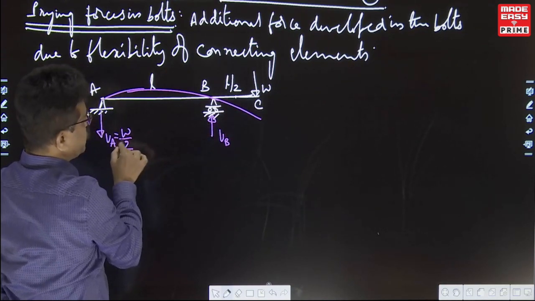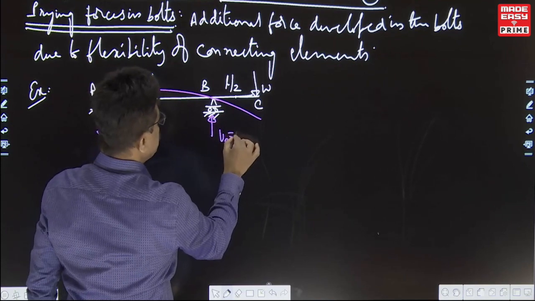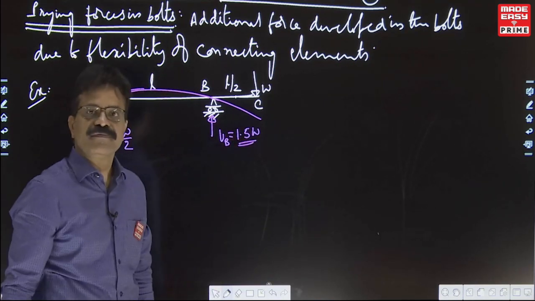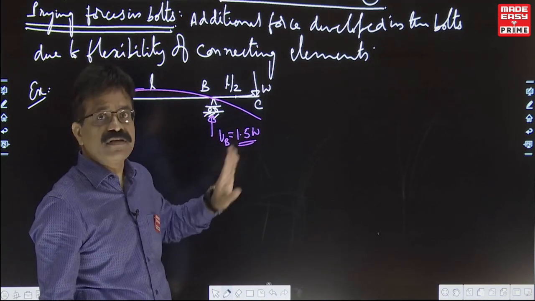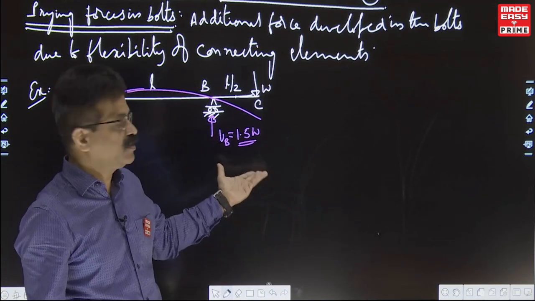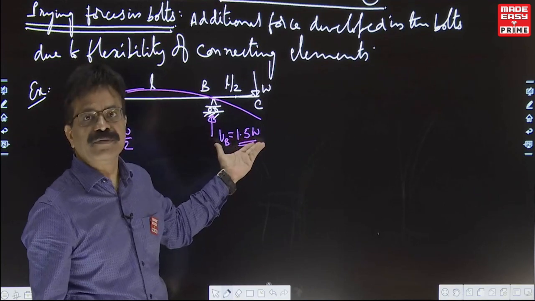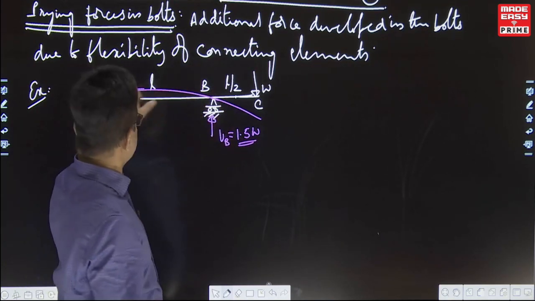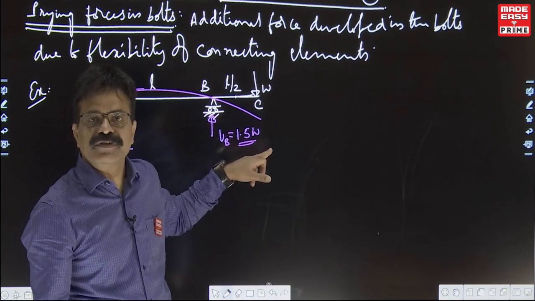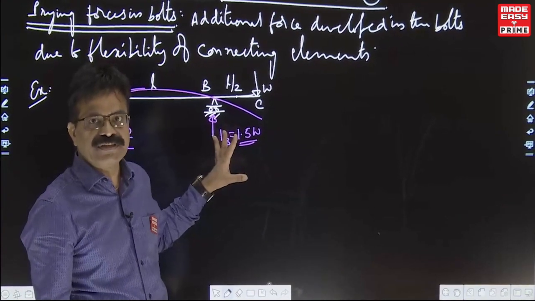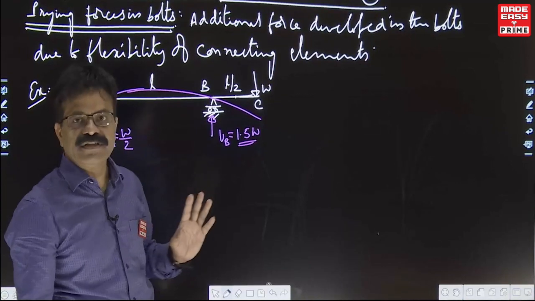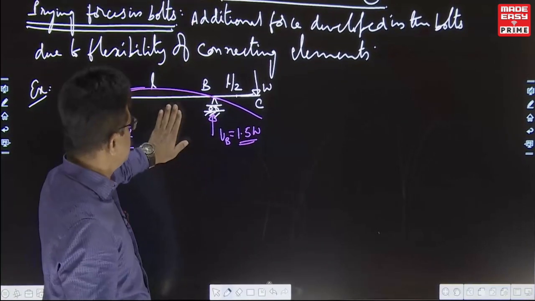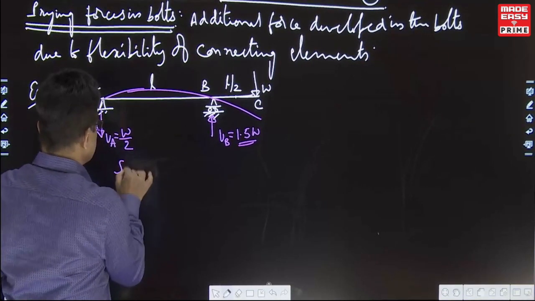W plus W by 2, 1.5 W, and when you take sigma Y equal to 0, you will get 1.5 W. So the reaction developed is not W, it's more than W, 50% more, 1.5 W. This is for the determinate structure. Equations of equilibrium alone are sufficient to find the reaction. This is statically determinate.